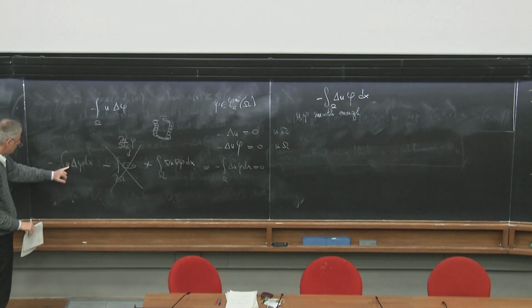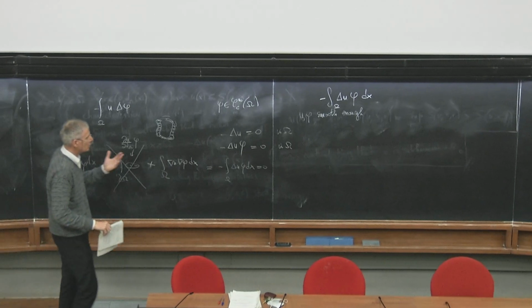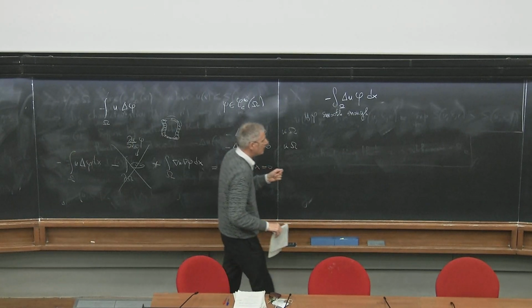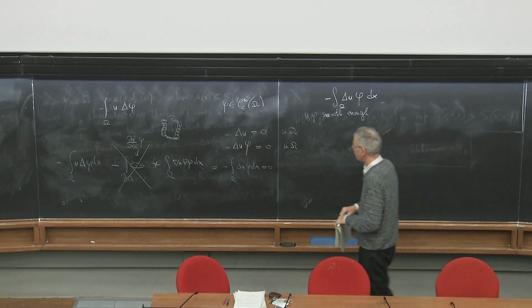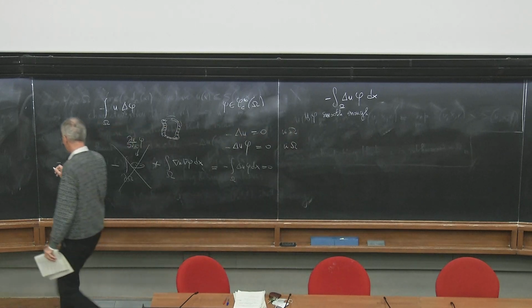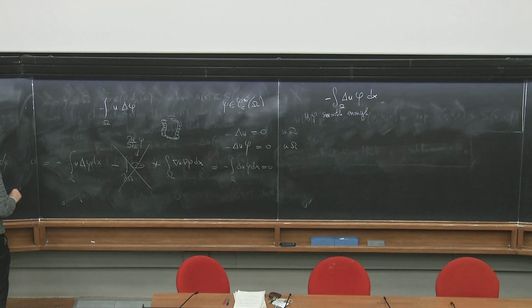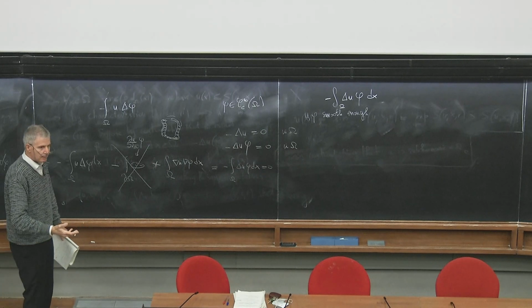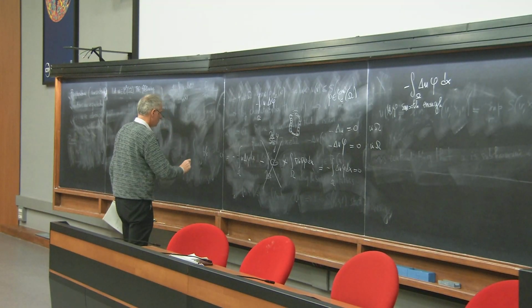So it seems reasonable, if u is not smooth or we don't know, to replace the pointwise defined PDE with this equal to 0 with the minus, not for any point x, because now we have an integral, but for any test function phi.